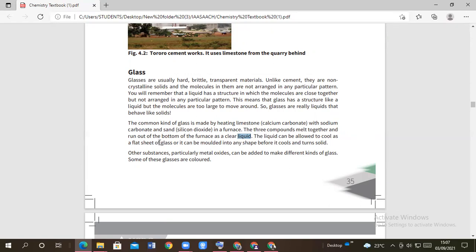The liquid can be allowed to cool as a flat sheet of glass and can be molded into different shapes before it cools and turns into a solid. You can't turn this one back to a container we are going to use for carrying water. You better pour it and it cools in the shape you want it to be. Okay?